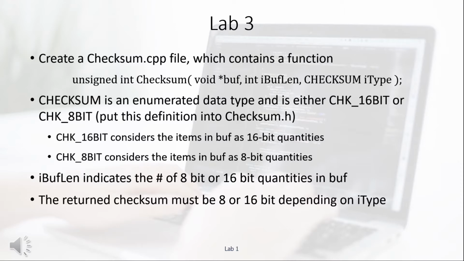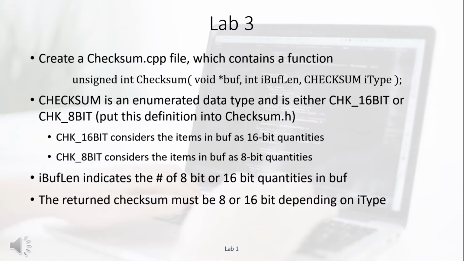It's going to take the length, so the number of elements, and a checksum type, which is either an 8-bit checksum or a 16-bit checksum. So the pointer to the block of data, the number of elements, and then the size of each element in terms of the number of bits per element. And then the checksum will be returned as an unsigned integer.